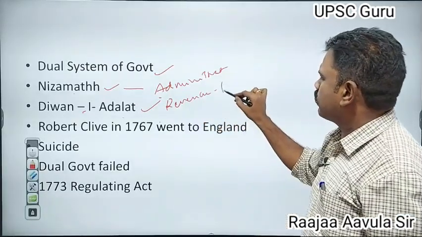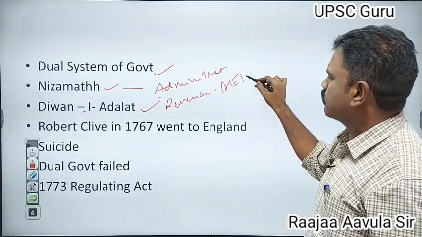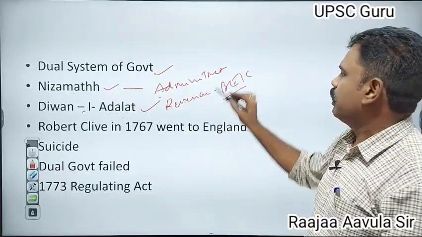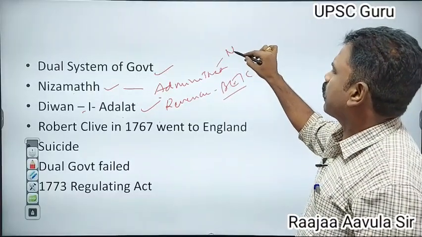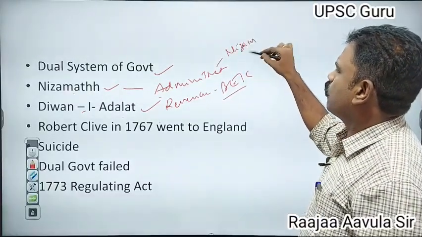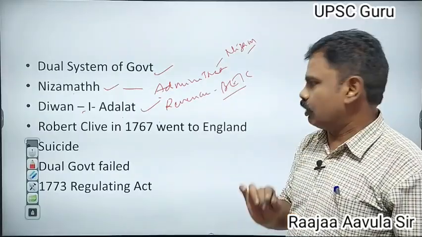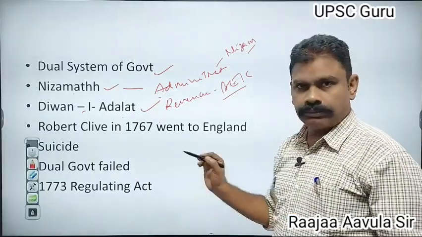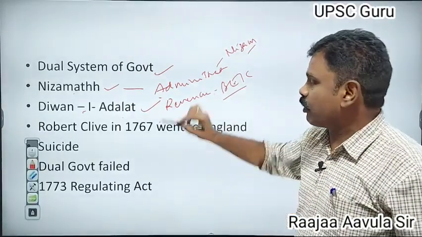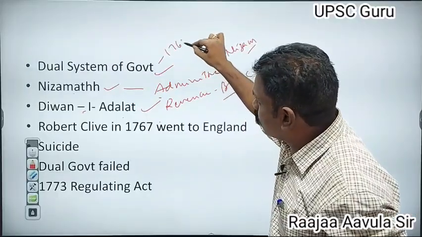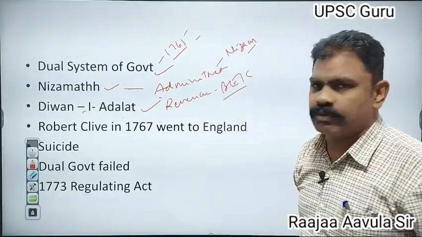Revenue was in the hands of the British East India Company. Administration was in the hands of the Nizam. Who was Nizam of that period? Nazim Uddawla. This dual system of government was introduced in 1765 by Robert Clive.